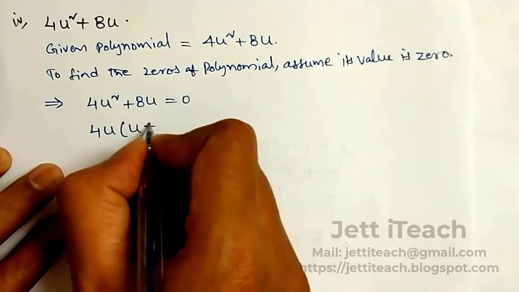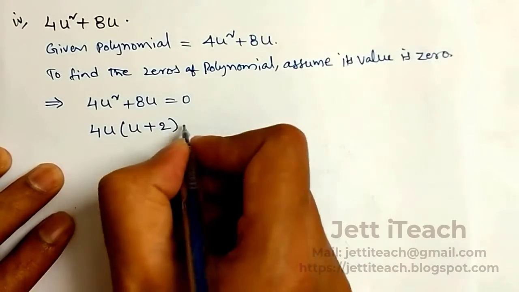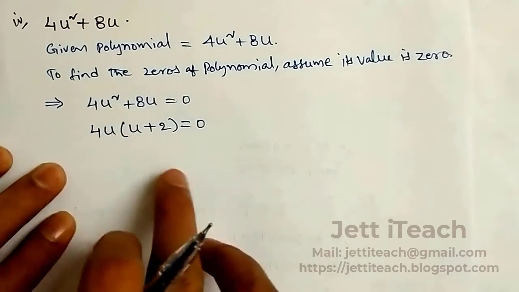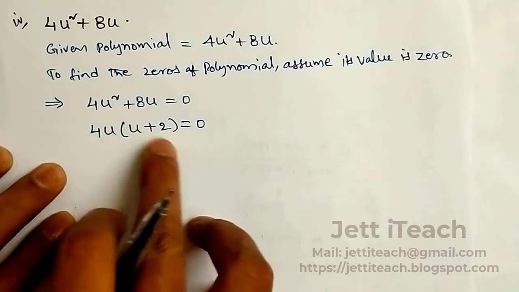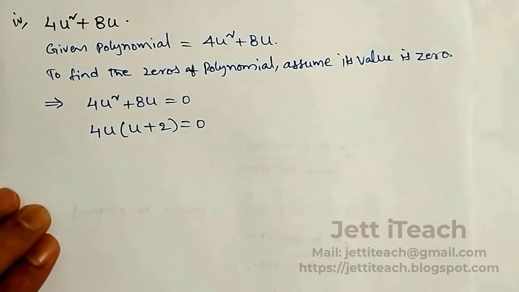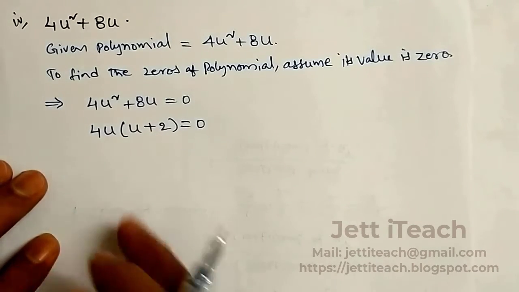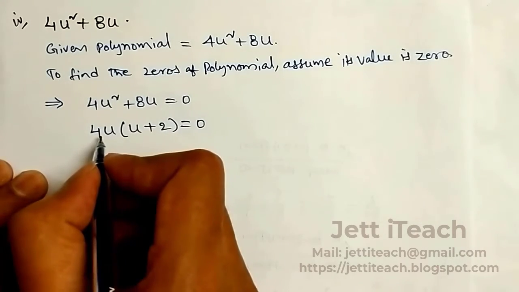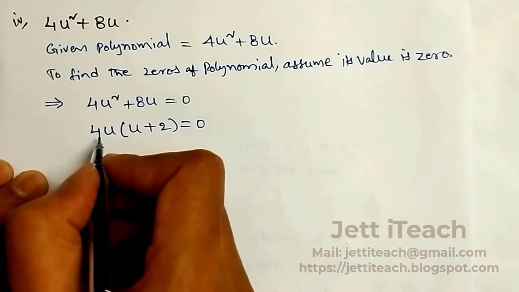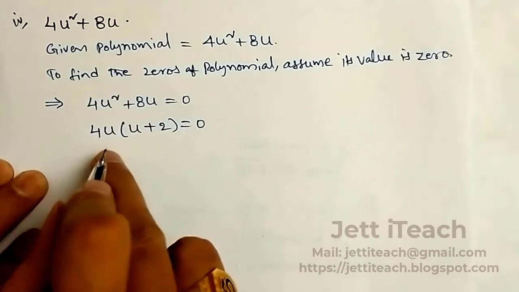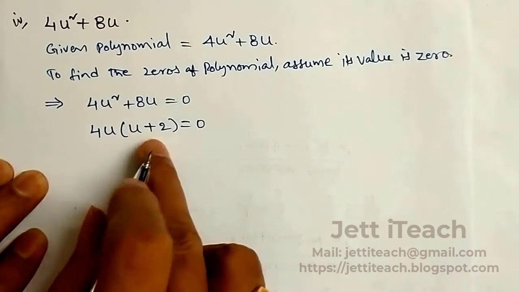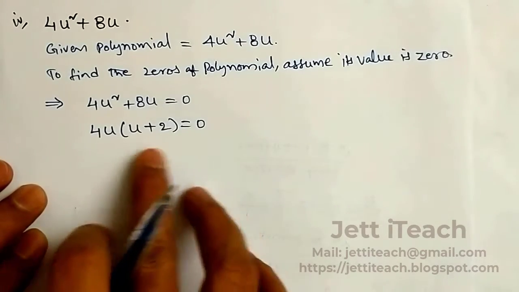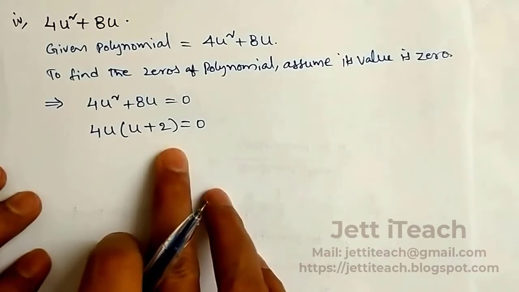Here u I can write as u plus 2. 4u into u is 4u square, 4u into 2 is 8u. 4 is a constant term, it cannot be 0. Either u or u plus 2, any one or both can be zero to make the entire polynomial 0.